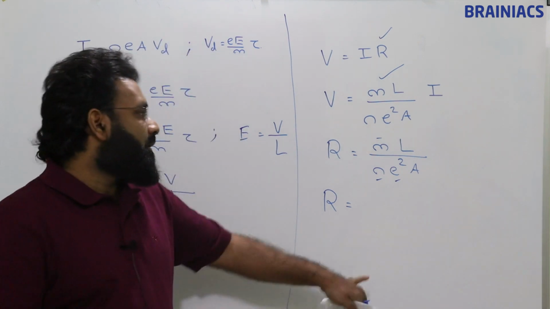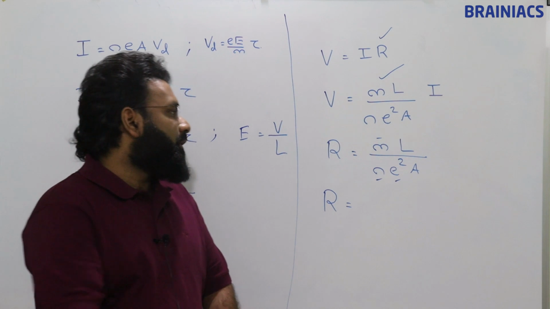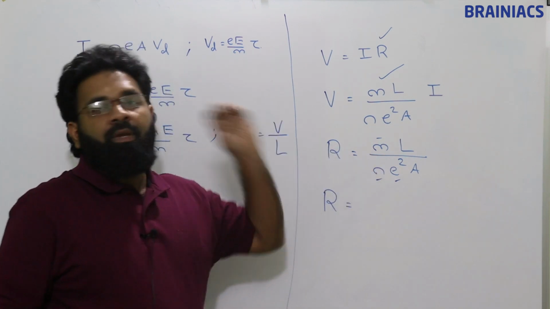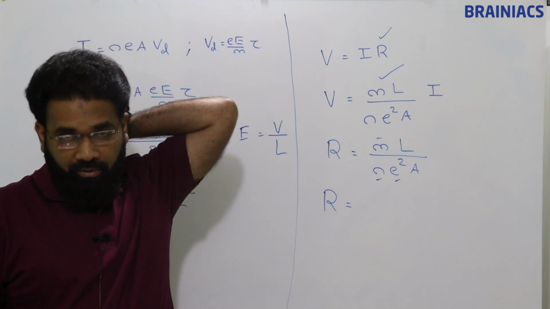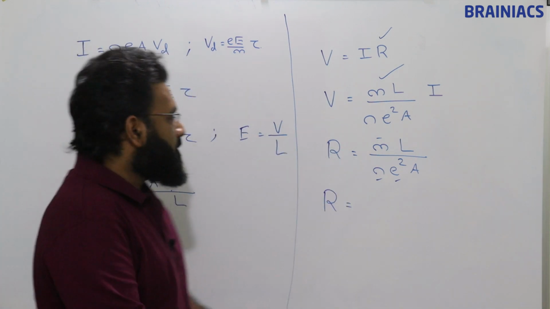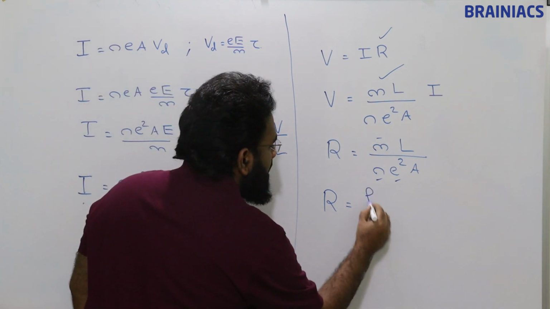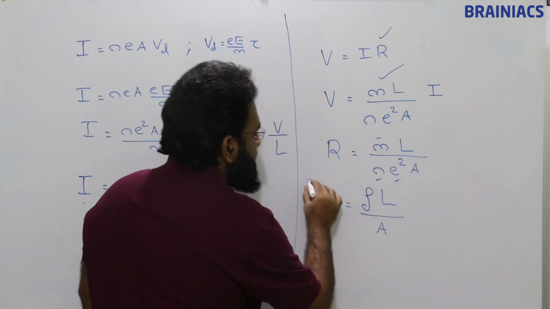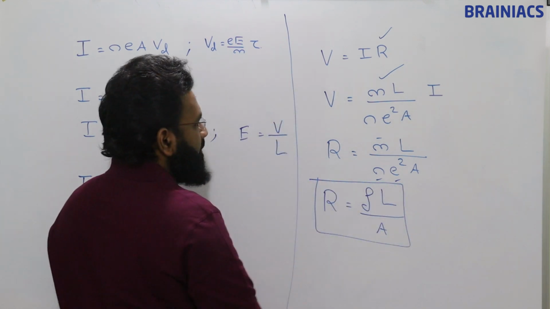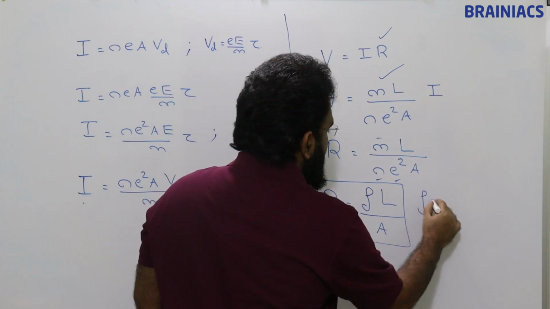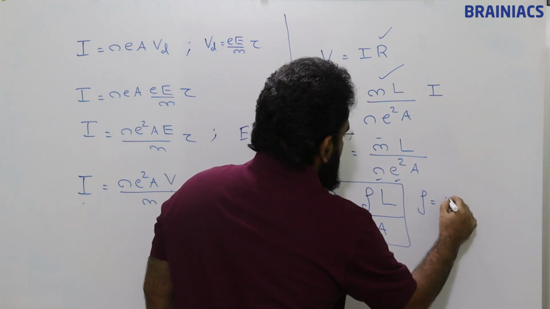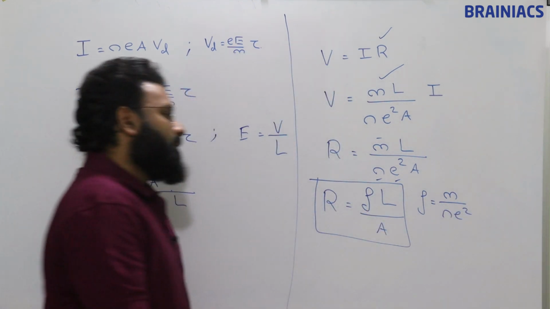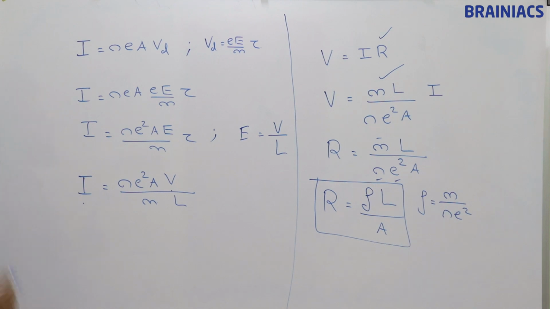Here m, ne squared, all these are constant for a material. For any material, whether length is increased or decreased, whatever we do, the mass of the charge carrier, number density, and e squared, the charge squared, are all constants. So this is nothing but ρL divided by A. So resistance is ρL divided by A. From here we can write ρ is nothing but m divided by ne squared.